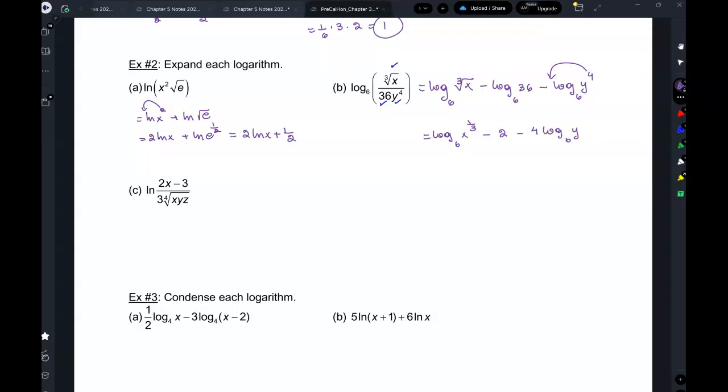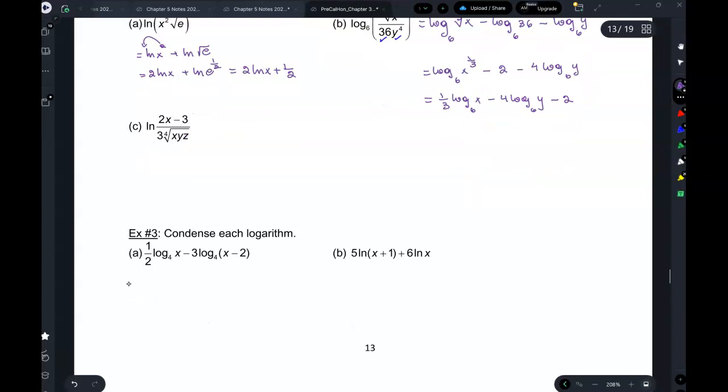Okay? All right, so finally, 1/3 log base 6 of x. And then it's always convention to write the constants at the very end. So I'm going to write the minus 4 log base 6 of y first, then minus 2. Is it wrong? No, it's convention.